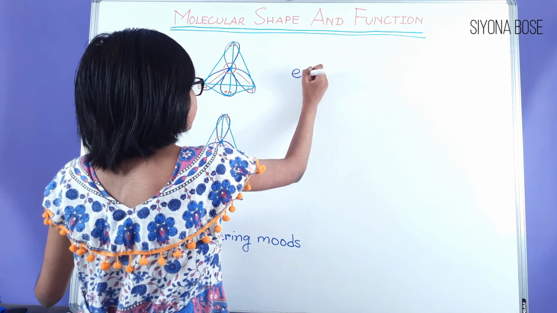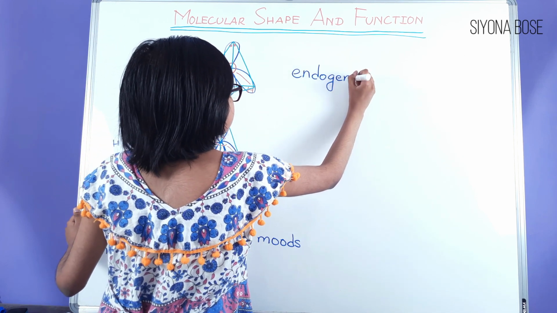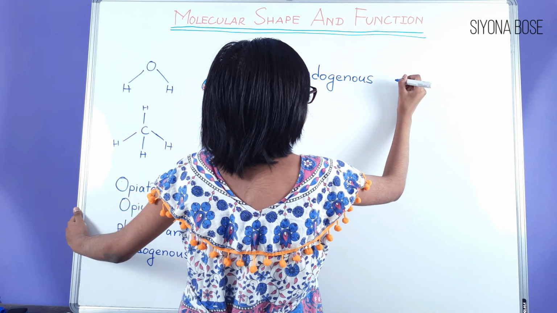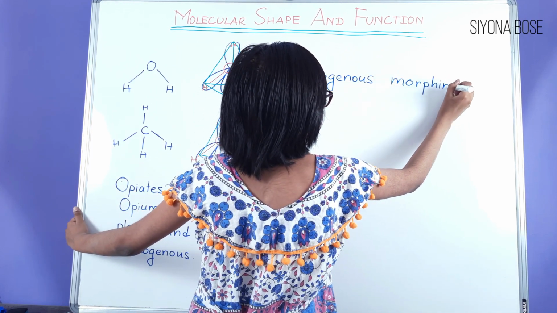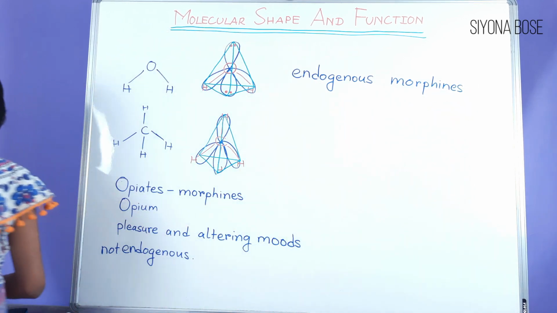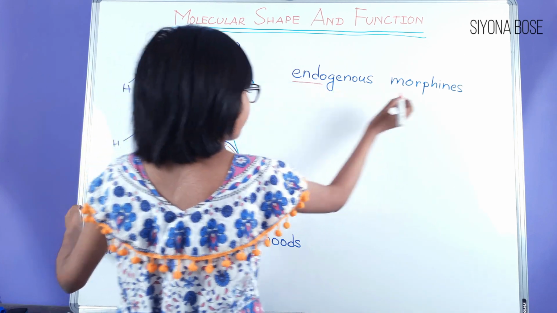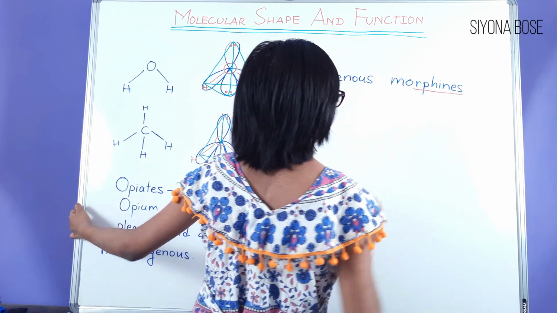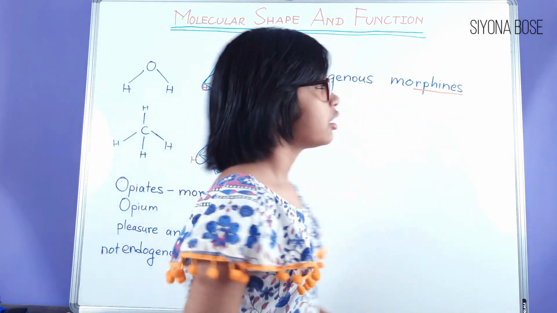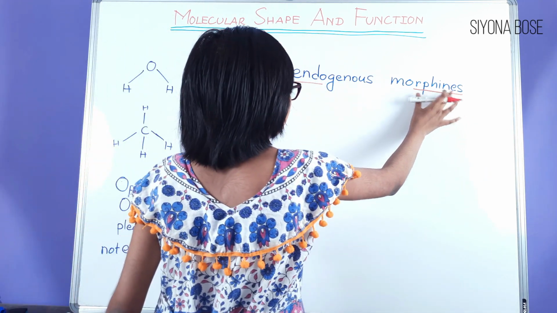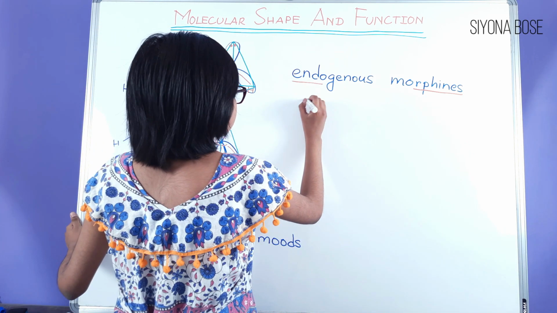I'm writing it here: endogenous morphines. From here we get endorphins: endo and orphins. Endorphins.